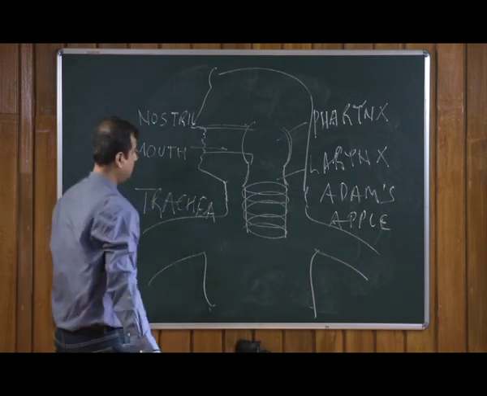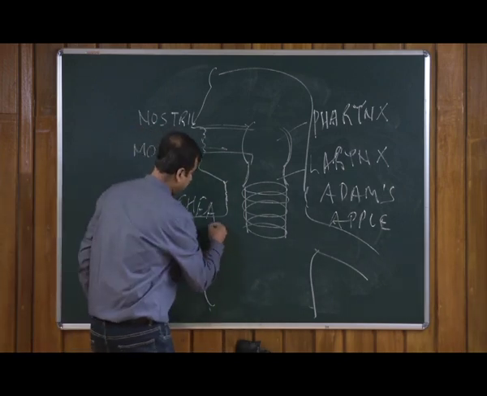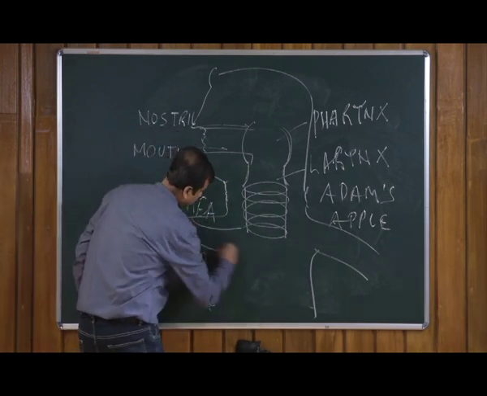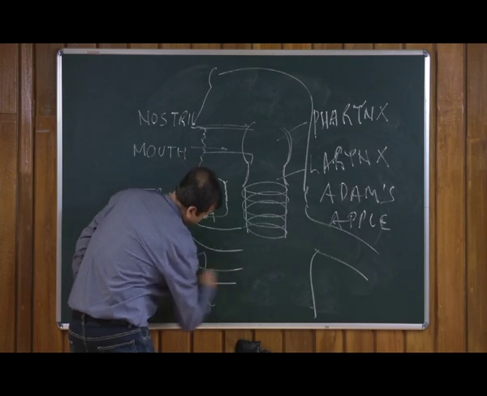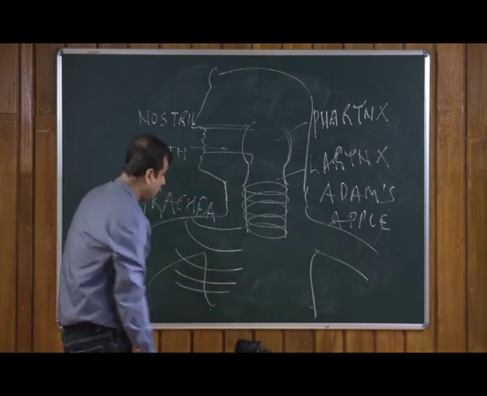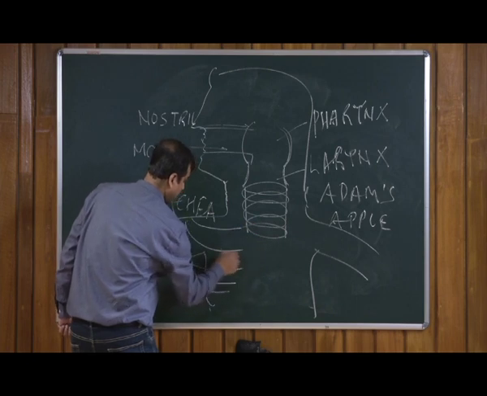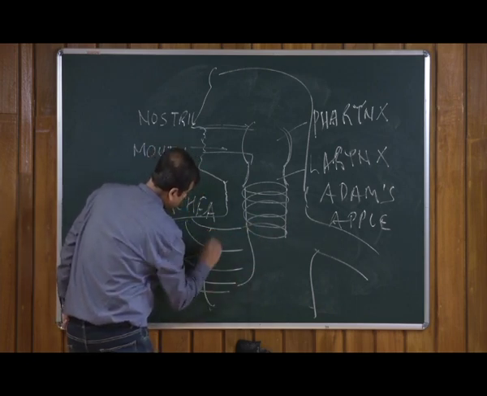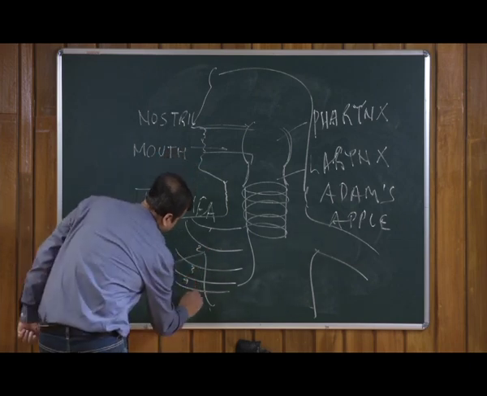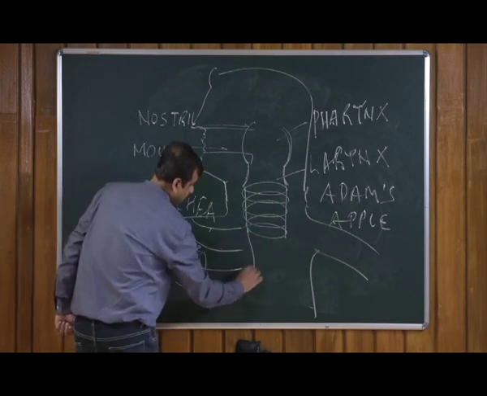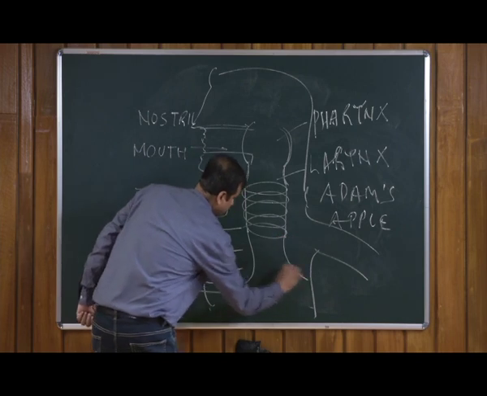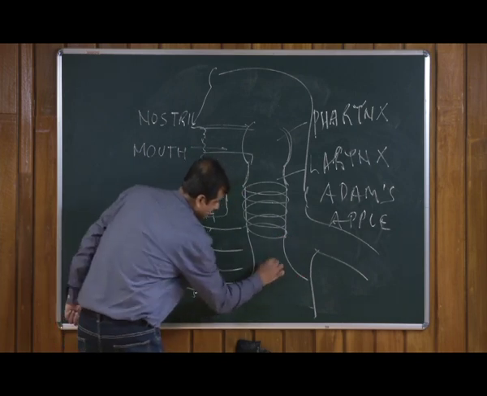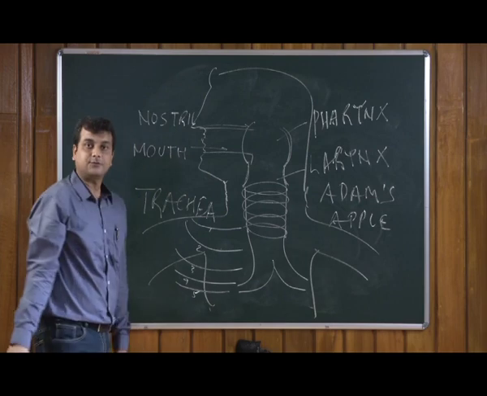So these are the level of the fifth rib. If you see, these are the ribs, and at the level of the fifth rib, if you count 1, 2, 3, 4 and 5, in the fifth rib this particular bifurcation is visible in the trachea.